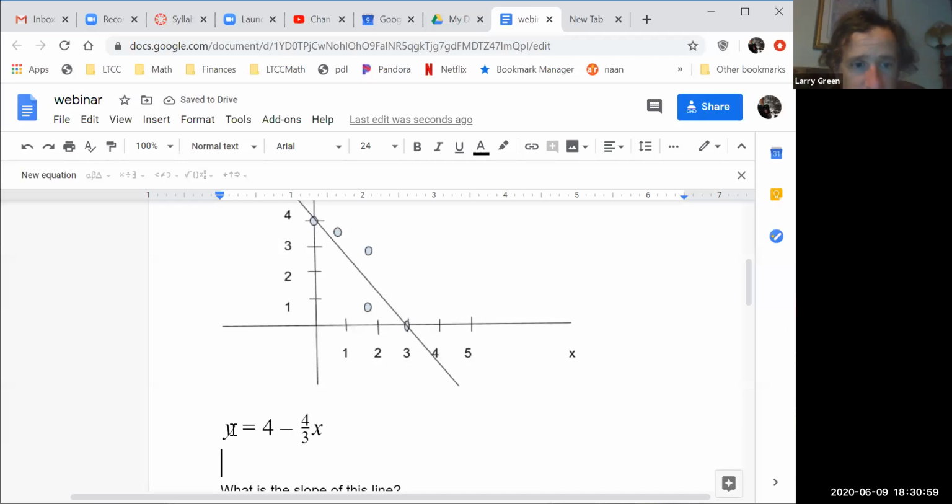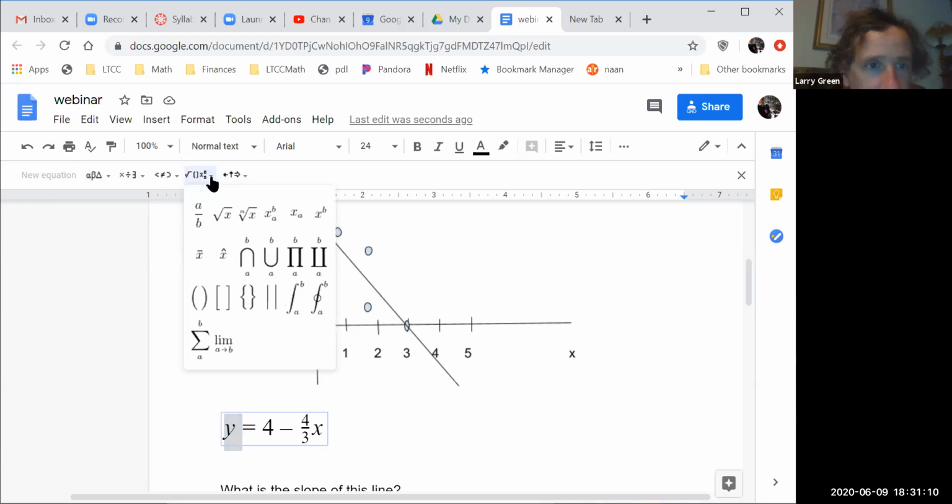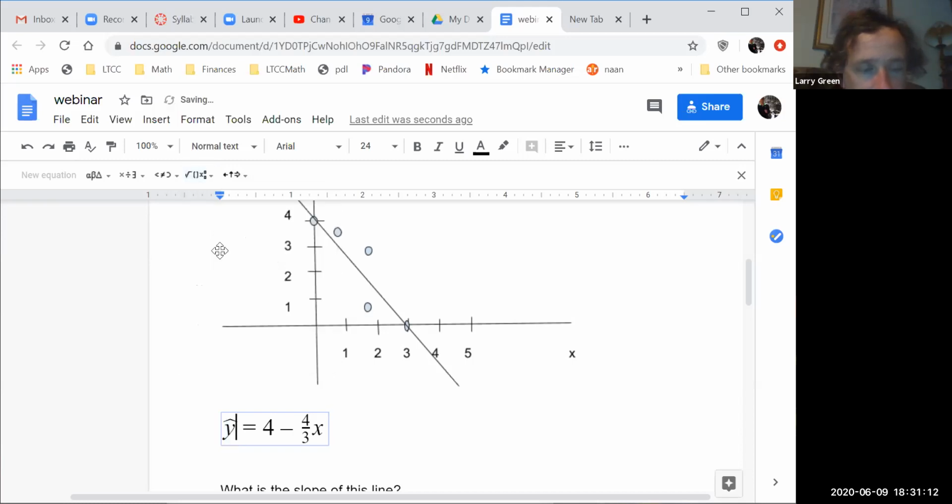Often you don't call it y, you actually call it y hat. You call it y hat because it's a predicted value, not an actual value. In statistics, you use hat for predicted and y for the actual.